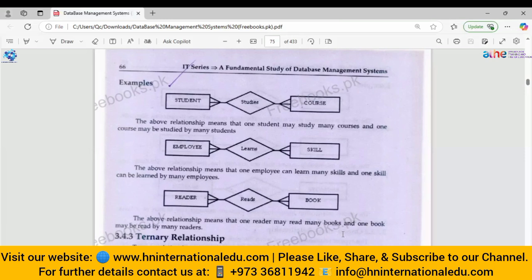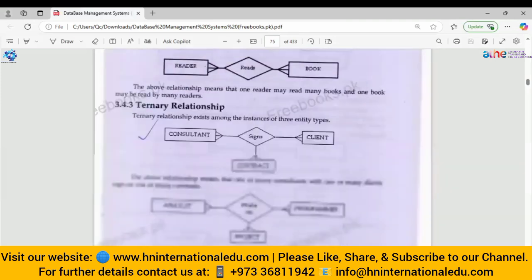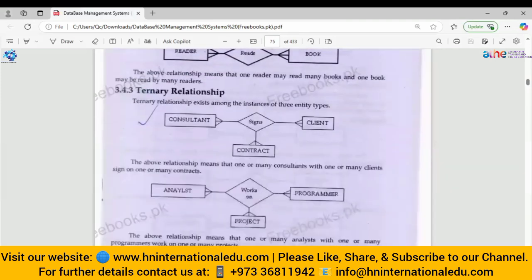Now we have another type of relationship in databases, that is ternary. In binary, we discussed that we have two tables or two classes that are related with each other. But in ternary, at the same time, we have three classes that are interacting with each other. Like we have a class consultant, a class contract, and a class or table client. Somehow these three are related with each other.